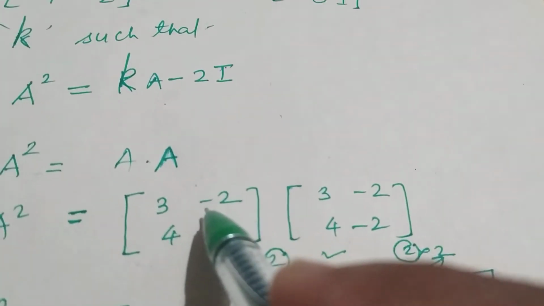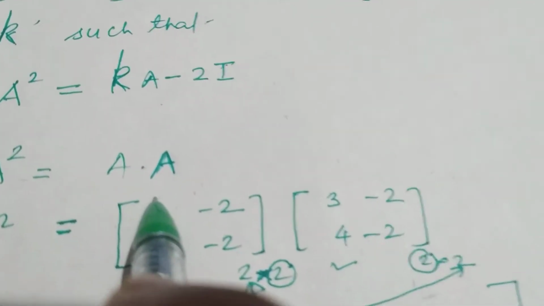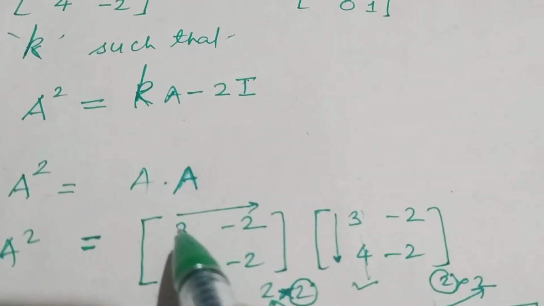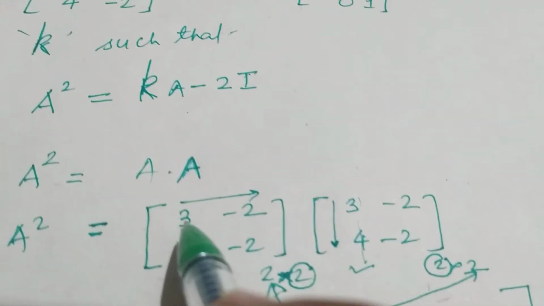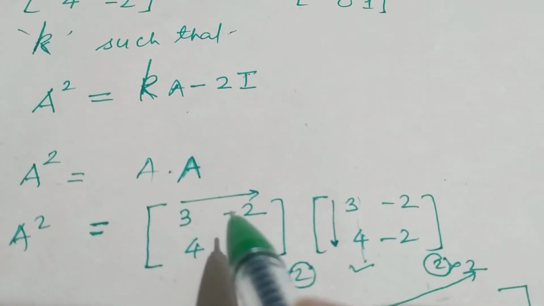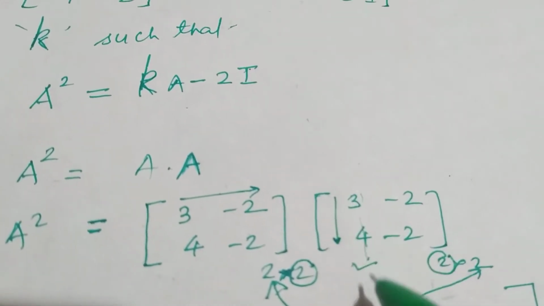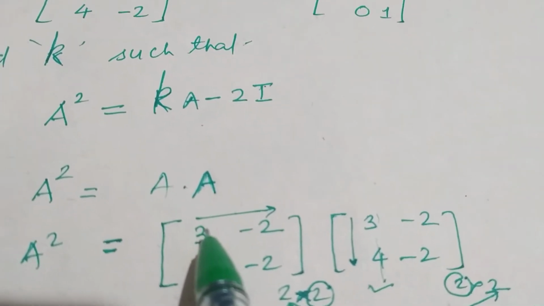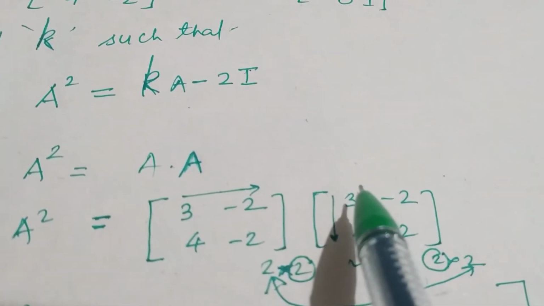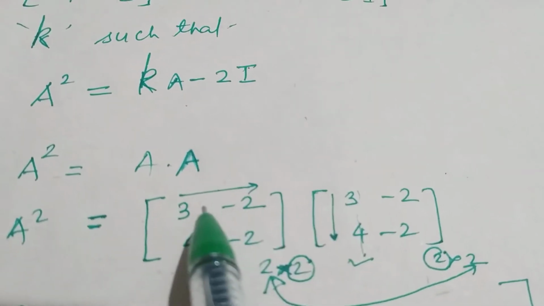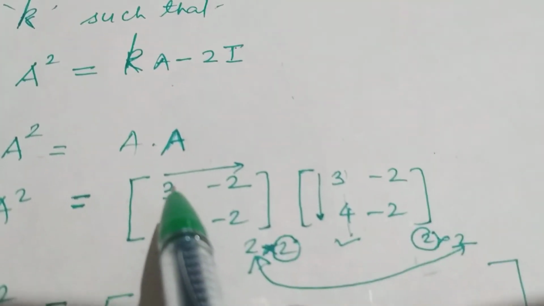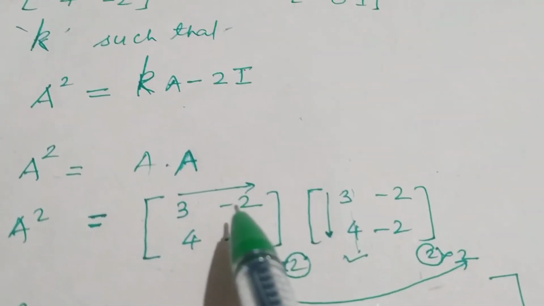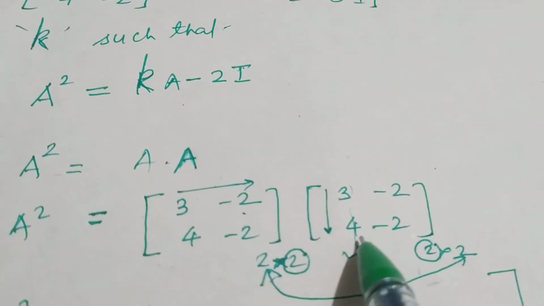Now the time comes for multiplication. The first row, first column element is obtained by multiplying the first row of the first matrix with the first column of the second matrix. So 3 multiplied by 3 plus minus 2 multiplied by 4.